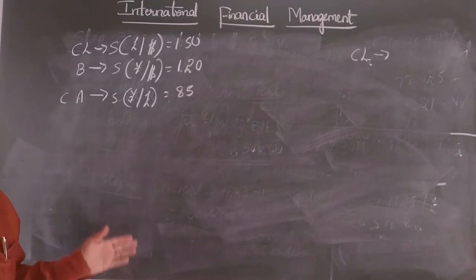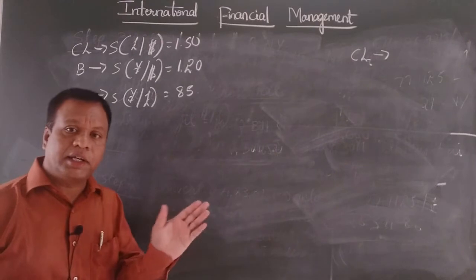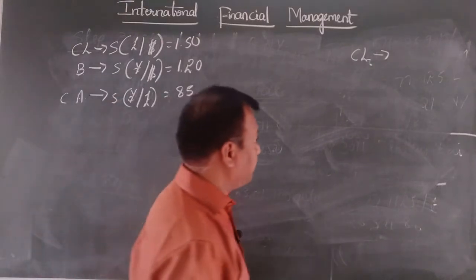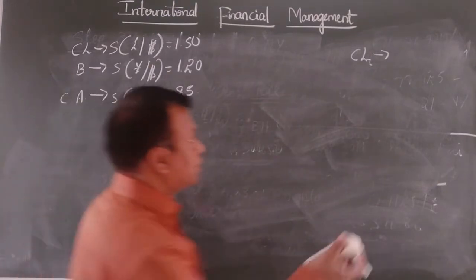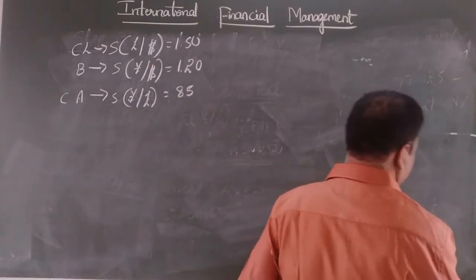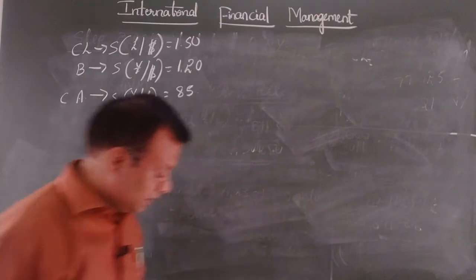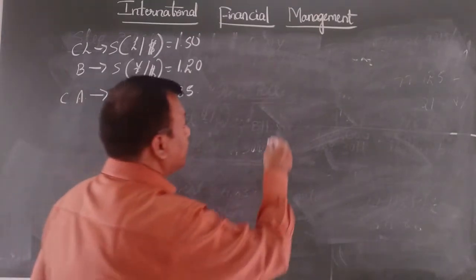by shifting from the first currency to the second currency and from the second currency to the third currency. How can an investor make a profit out of the situation? Okay. So first, as I said in the last problem, you have to calculate the implied cross rates.